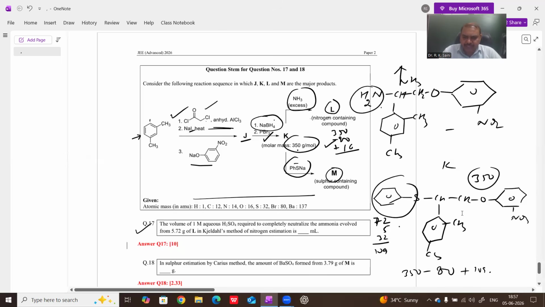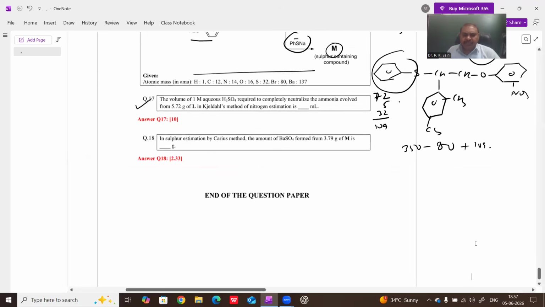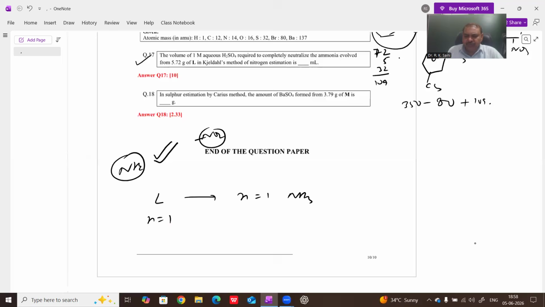For compound L, 1 mole of this compound gives 1 mole of ammonia, because only the NH2 group takes part in the Kjeldahl method. NO2 does not give ammonia.